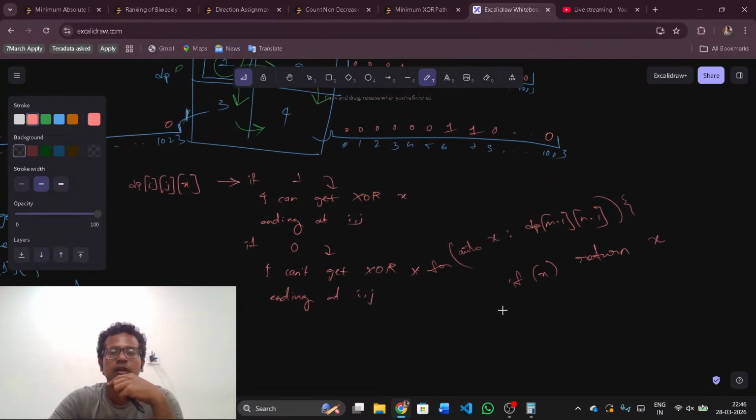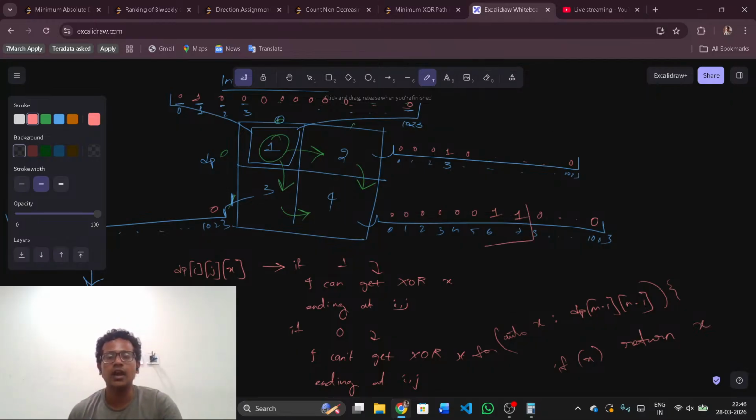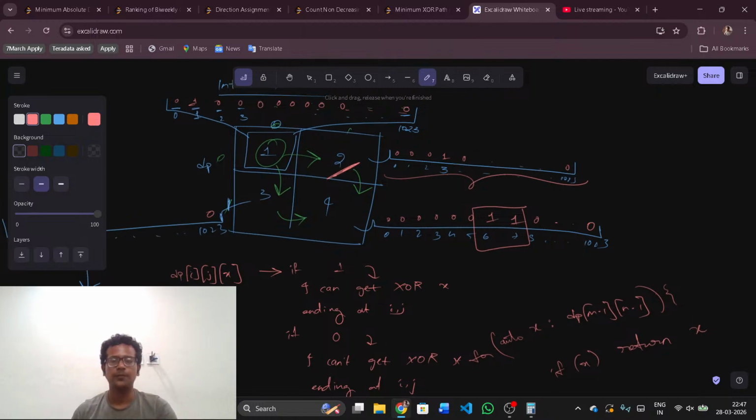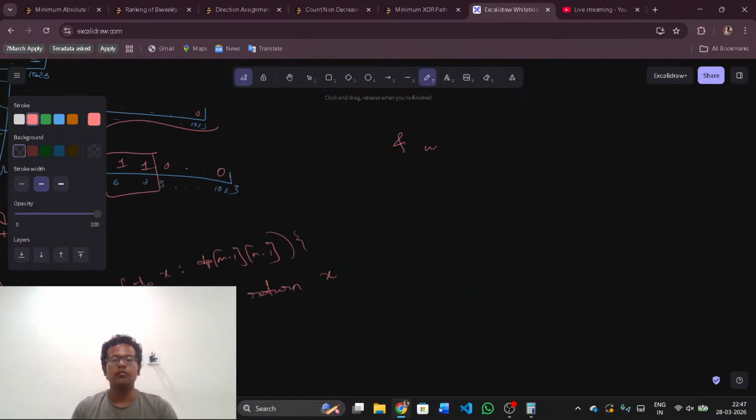Now, here I'm saying that I will not look at the element. I will look at the XORs which I get at that cell. I will not look at the top element and left element.